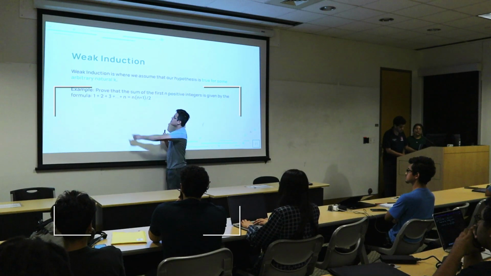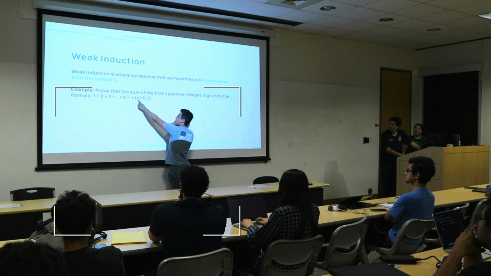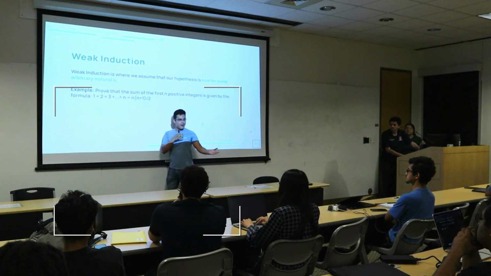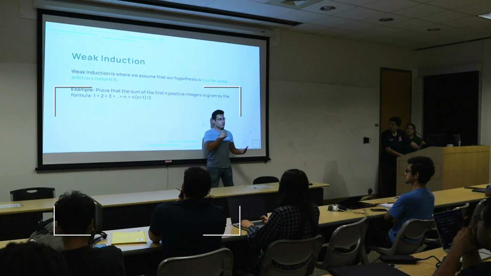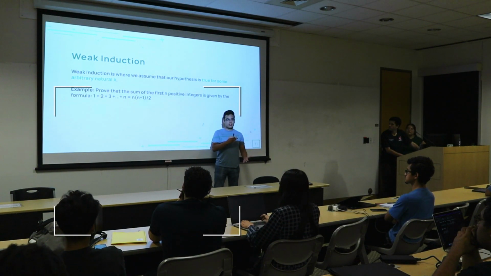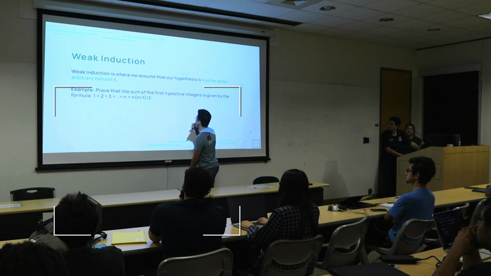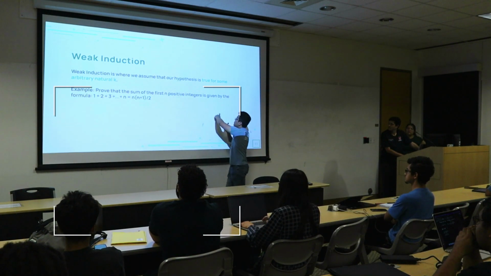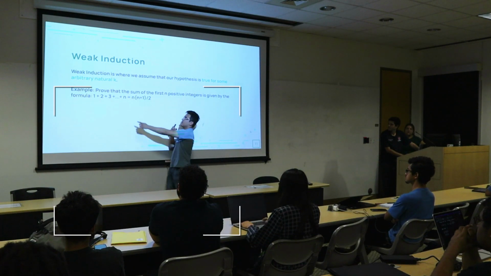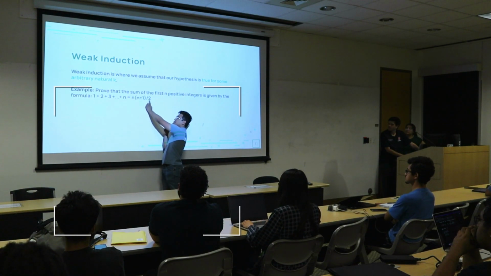Let's plug in 1: 1 times 1 plus 1, that's 2, divided by 2 equals 1. So we write that as our base case. Now, number 2, what is our inductive hypothesis? Well, it's given right there in the problem. Our inductive hypothesis is that the sum of the first n positive integers equals n times n plus 1 divided by 2.